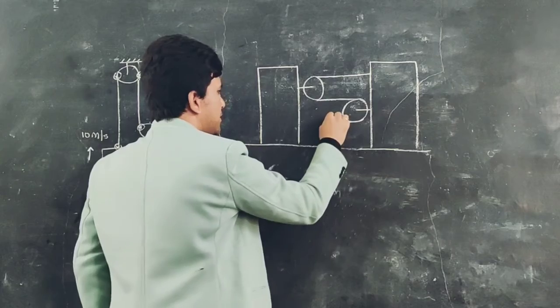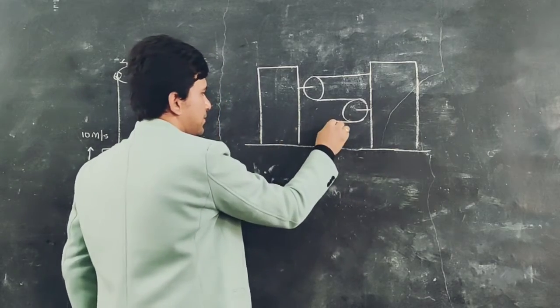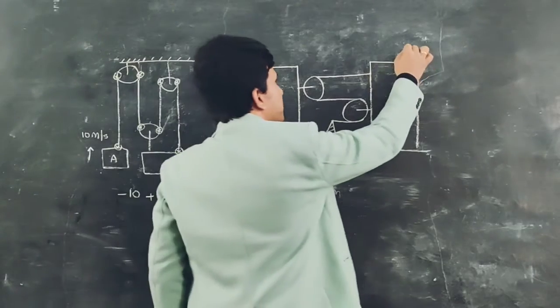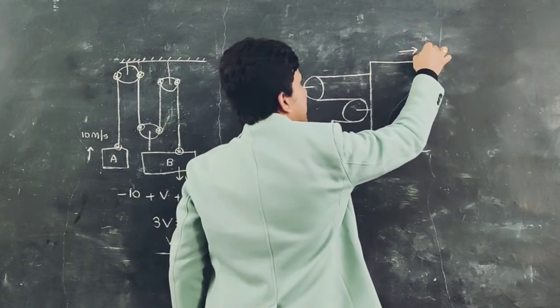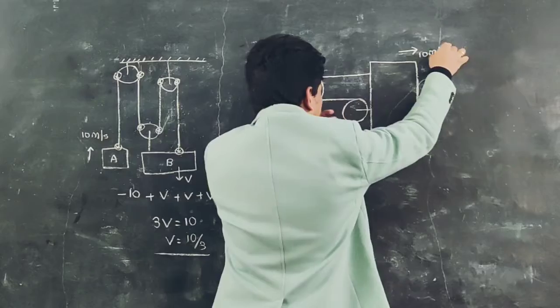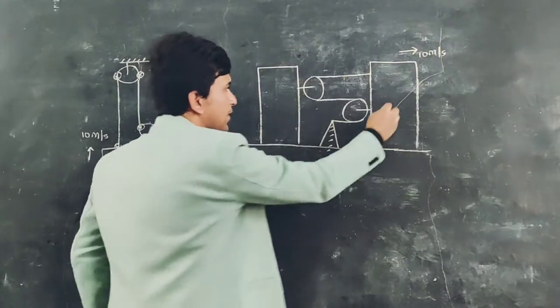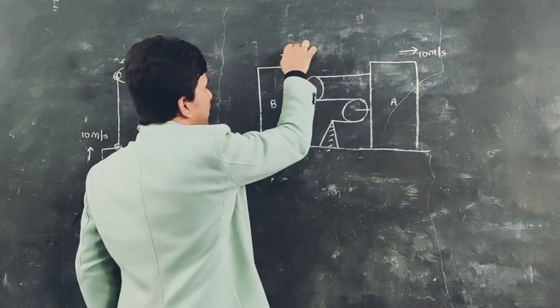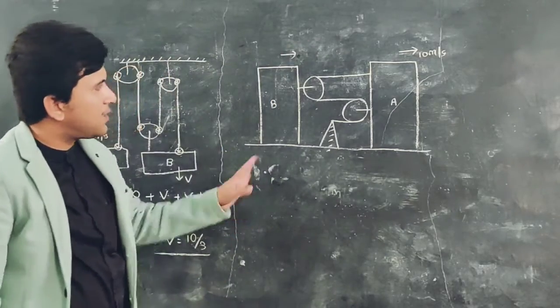And this is hinged. Hinged means this is neither moving. And now if this pulley starts moving right side with 10 meter per second, find out the velocity of this one. The velocity of the block A is 10 meter per second and you need to find out the velocity of the block B, whether it's right side or left side.